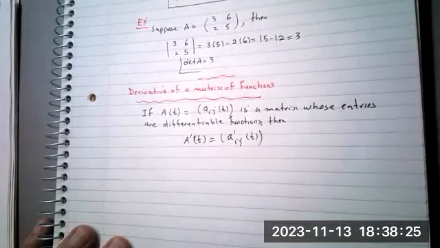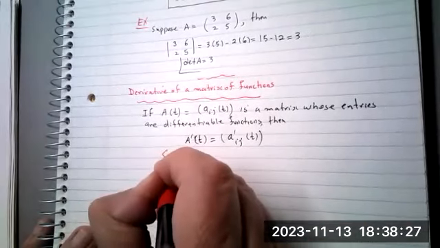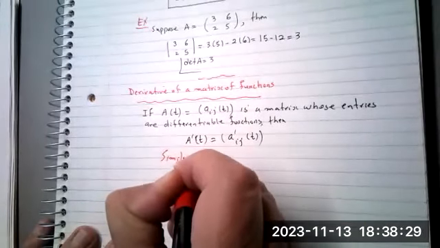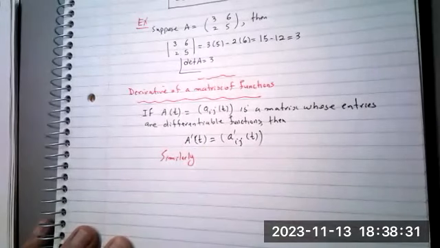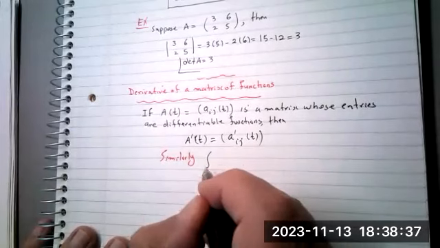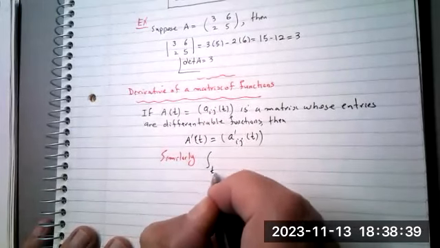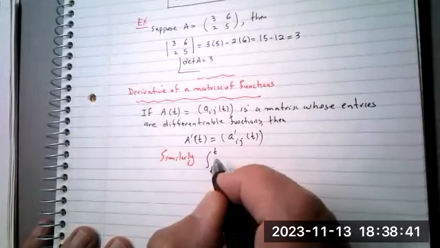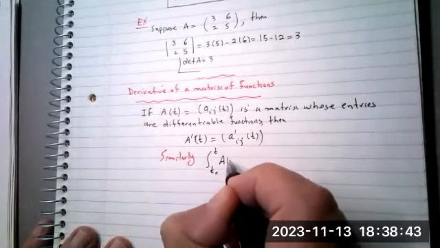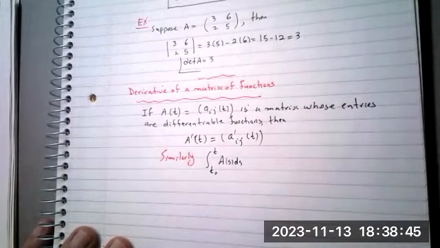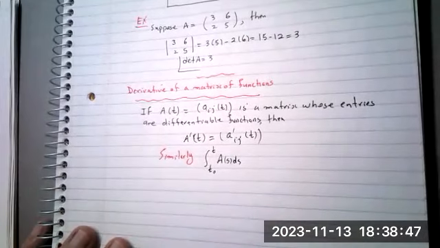Similarly, you can get integration. If you can do the derivative, we are not going to get into the integral, but we just remind you. If you want to find the integral, for example from t0 to t of a matrix, let's call it A(s) ds, we just integrate each entry.